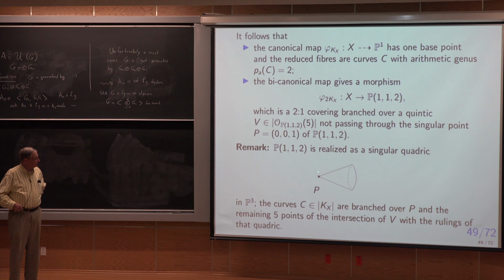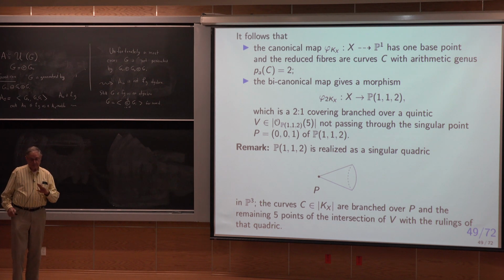The weighted projective space is just a singular cone in P3, a cone with one singular point, the vertex. And it's 2-to-1 branched over a quintic, that's a surface of degree 5 in P3, not passing through the vertex, and branched over the vertex.